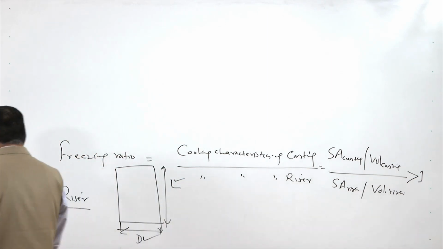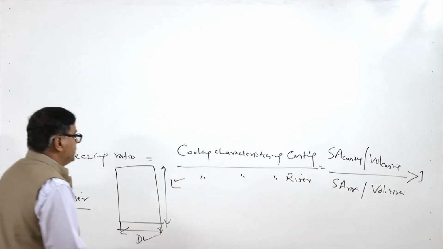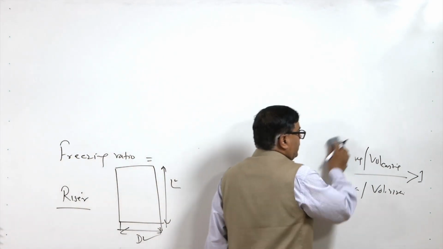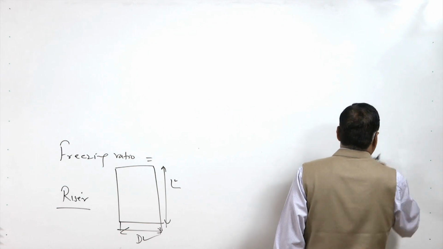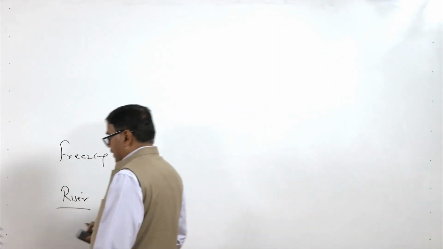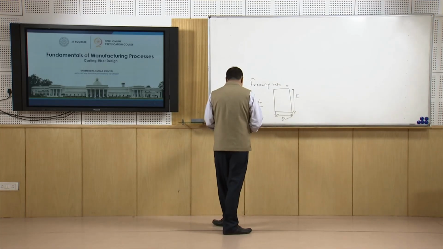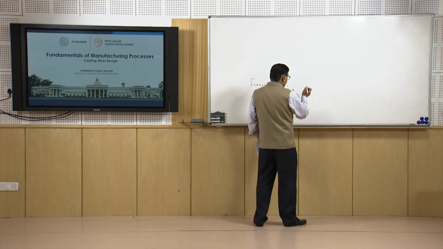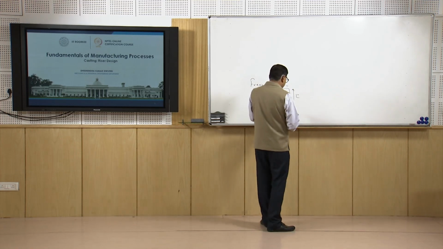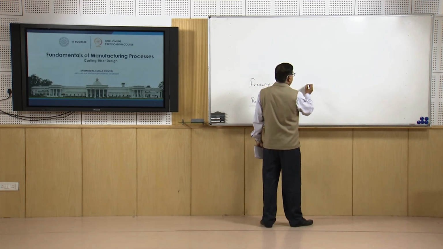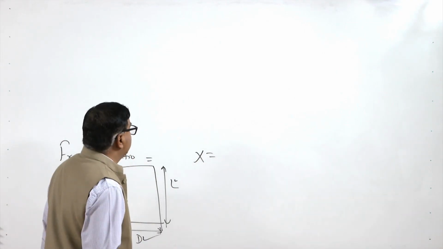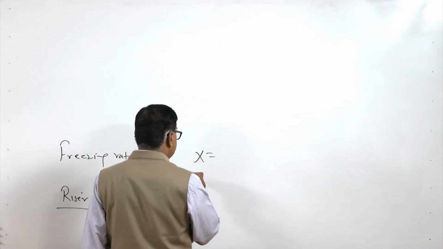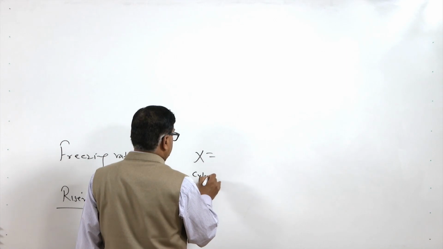Efforts are made to determine the diameter and the length of the riser so that the desired freezing ratio can be achieved. Here, some equations have been developed for obtaining the freezing ratios for risers of cylindrical shapes.